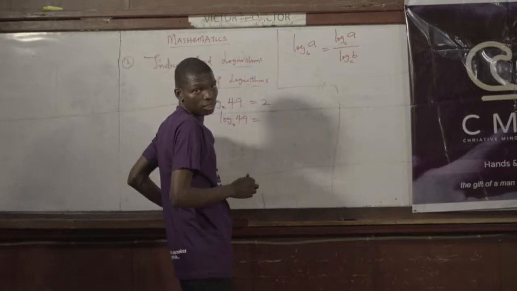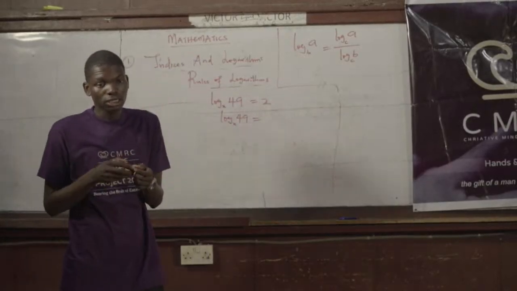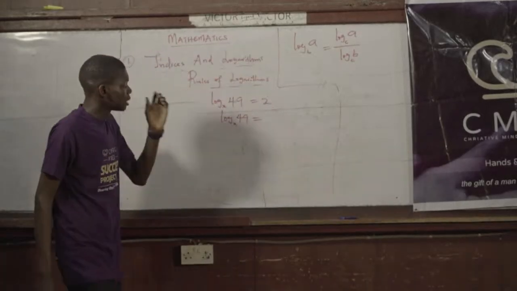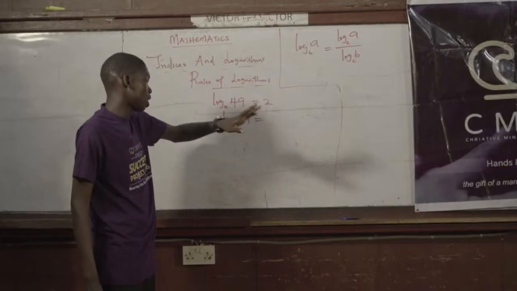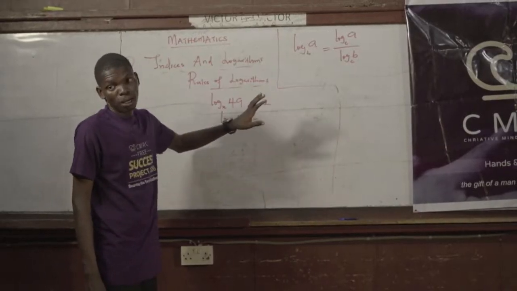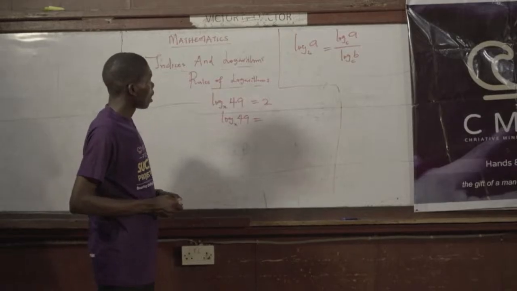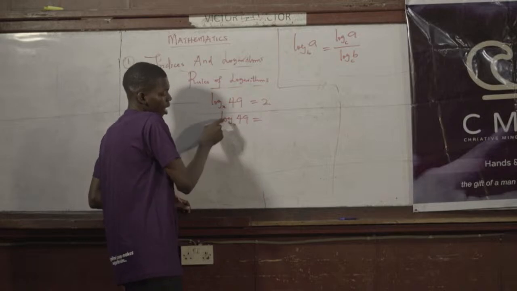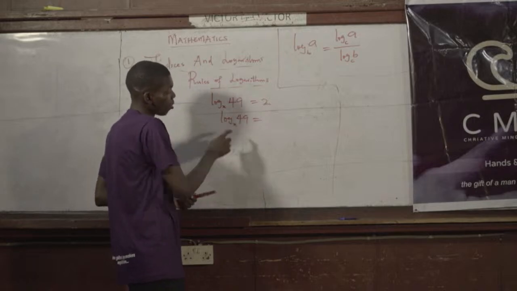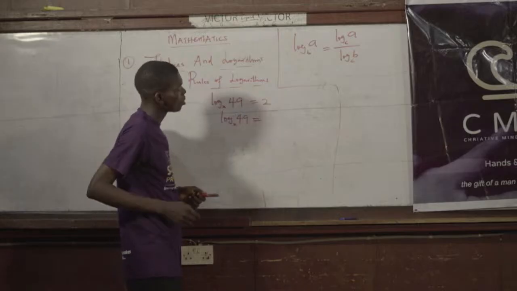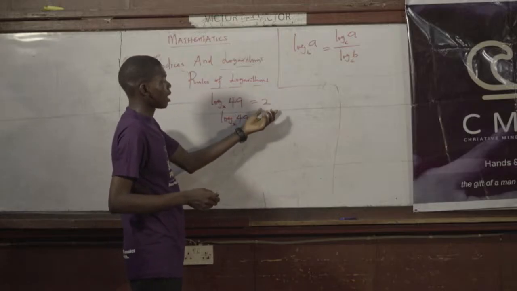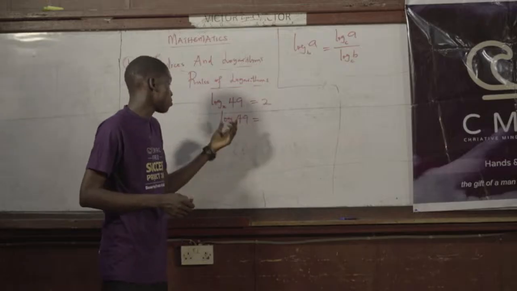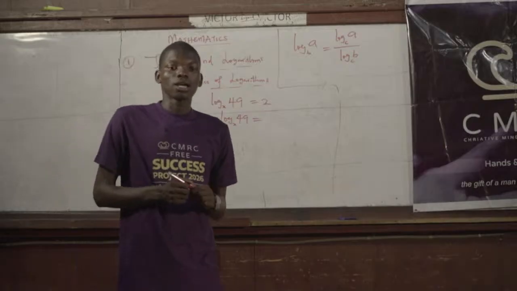This is a method and a strategy if you want to be very good at solving logarithmic equations. This is a typical logarithmic equation, and if you are not careful, you might make a mistake here. We have log 49 base x equal to 2. So we want to find a way to write this 2 also in terms of base x.